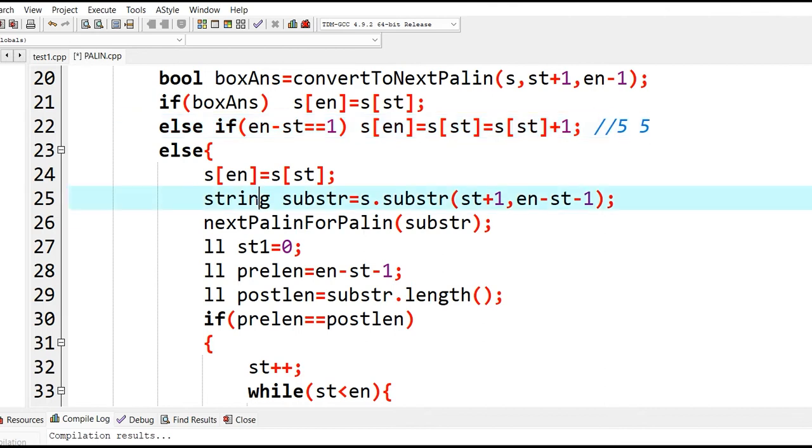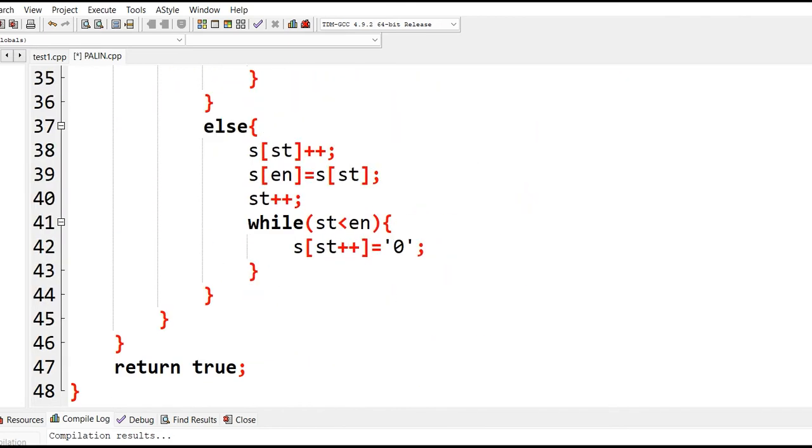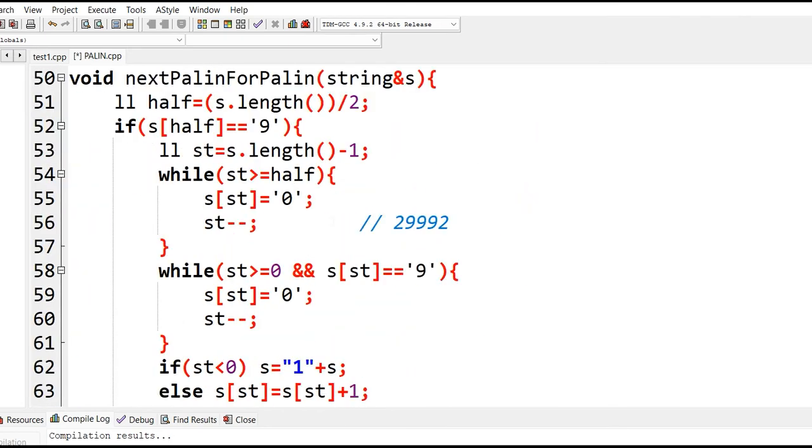So we make a substring over here, and then we pass it to a function for next palindrome. Now let's take a look at what this next palindrome does. It actually checks for the middle position, and if that middle position is equal to 9, it does something.